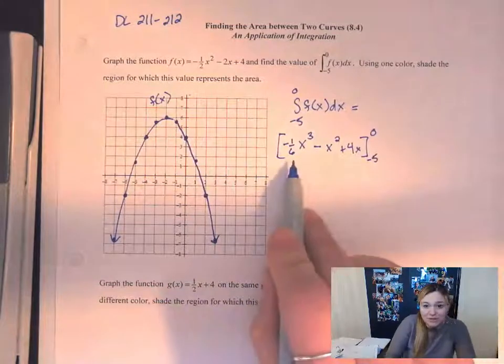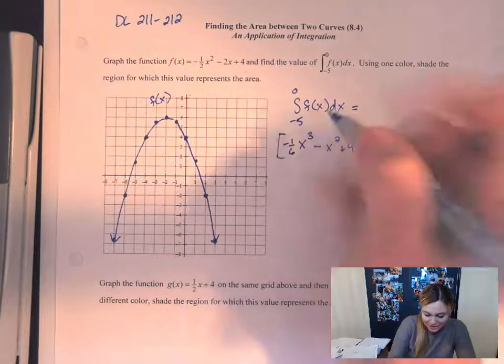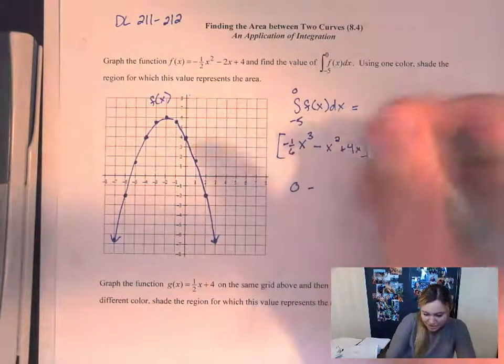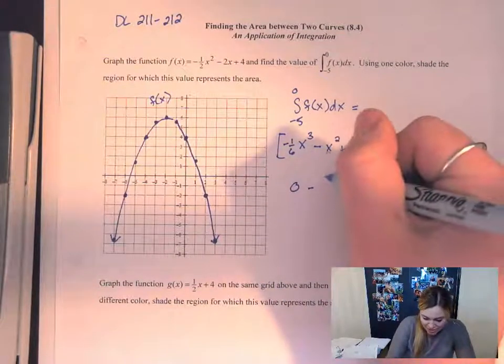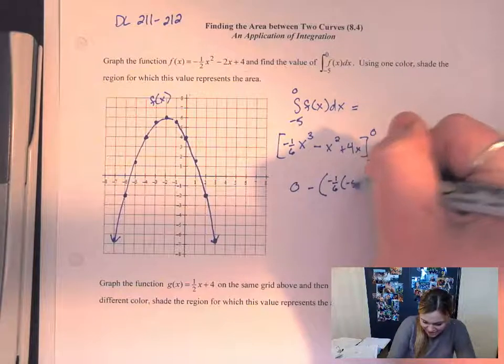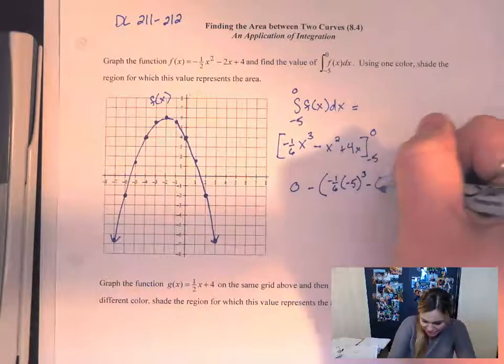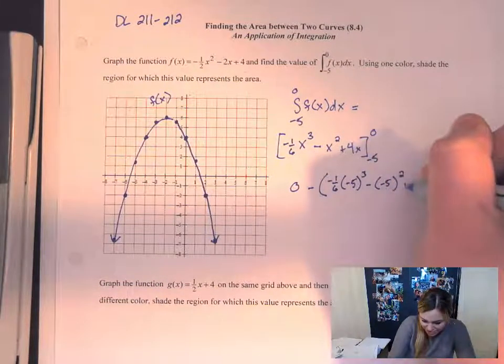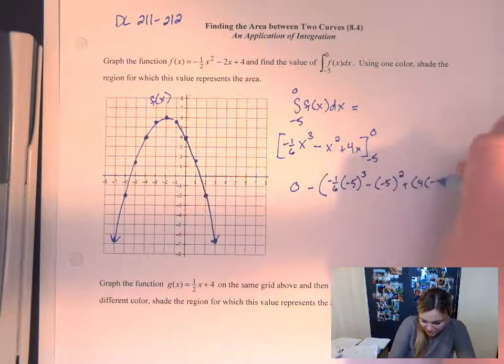If I substitute in 0, I get 0 minus 0 plus 0. Here it gets a little bit trickier because I'd have to subtract negative 1/6 times negative 5 to the 3rd power minus negative 5 squared plus 4 times negative 5.